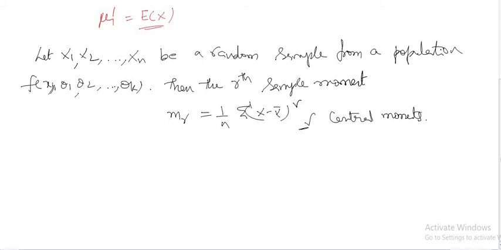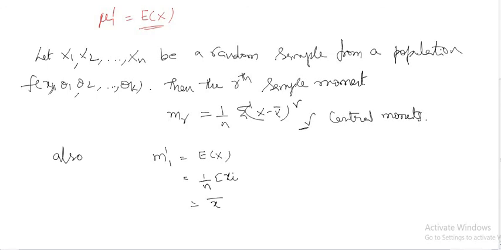Also, what about non-central moments? M1 dash equals 1 by n summation xi, that is x bar.